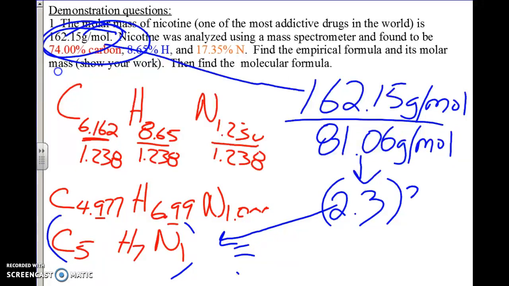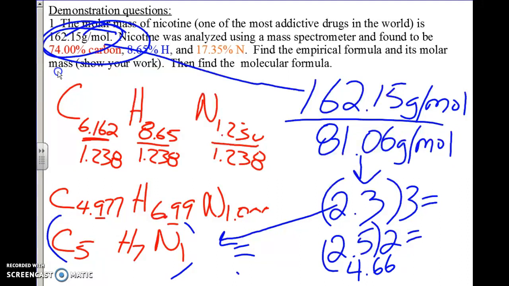Let's multiply this by 3. And now we get a whole number. Or let's say this said 2.5. Let's multiply this by 2, and we end up getting a whole number. Or let's say this number was, I don't know, 4.66. We could multiply that by 3 and get a whole number. So it's just a little trick to be able to figure out what the molecular formulas are.